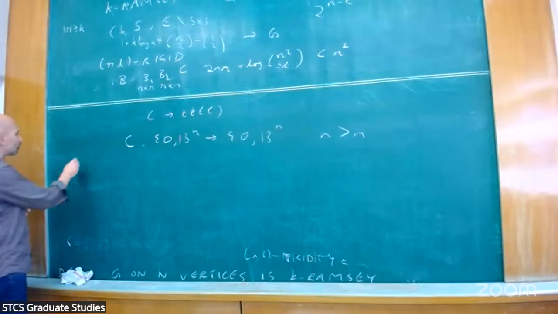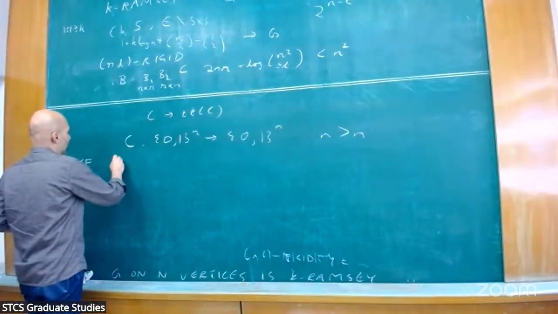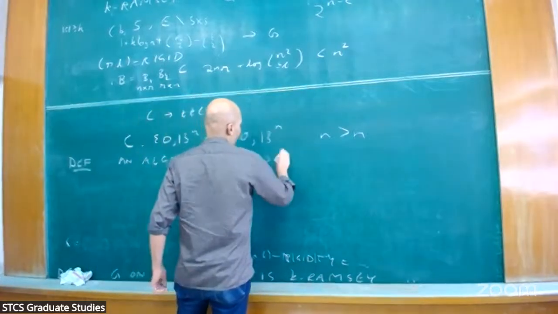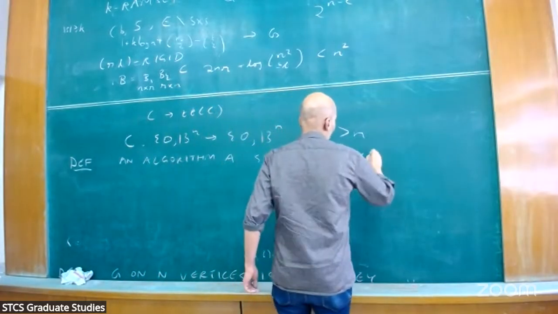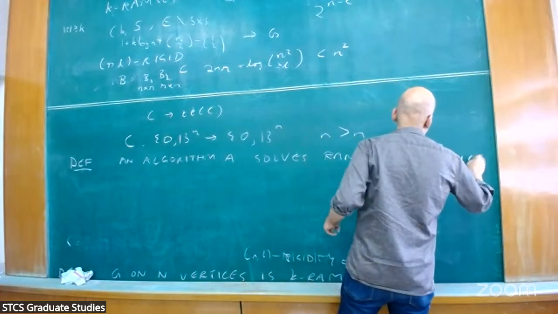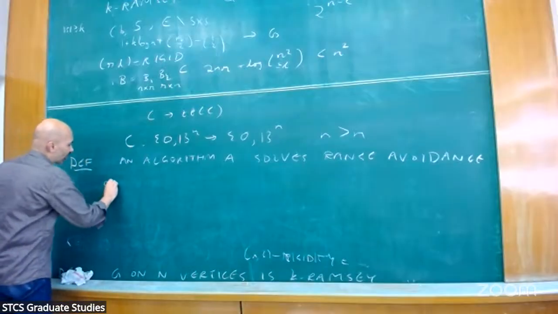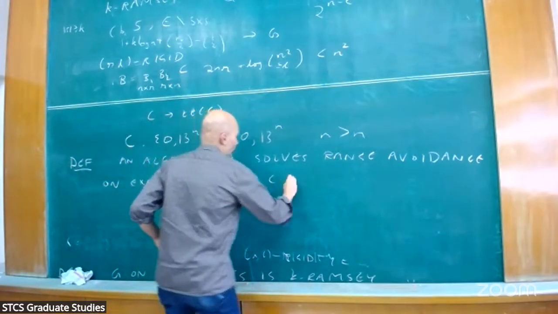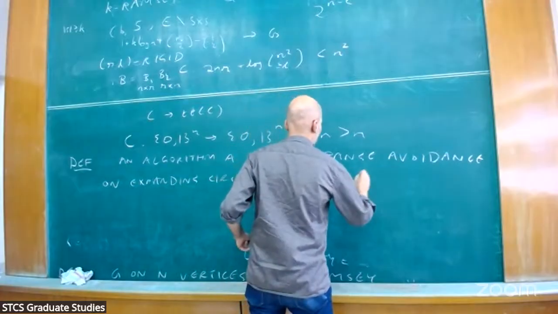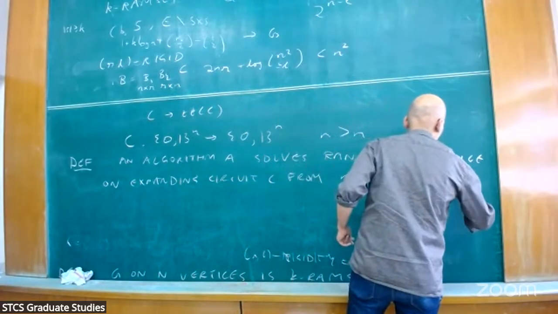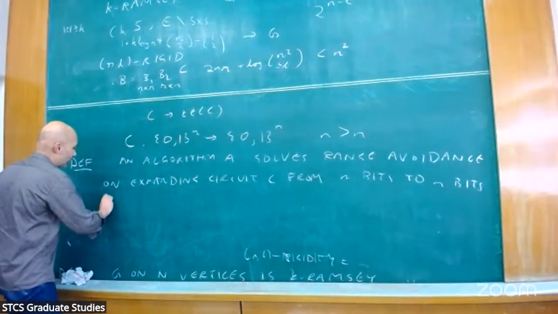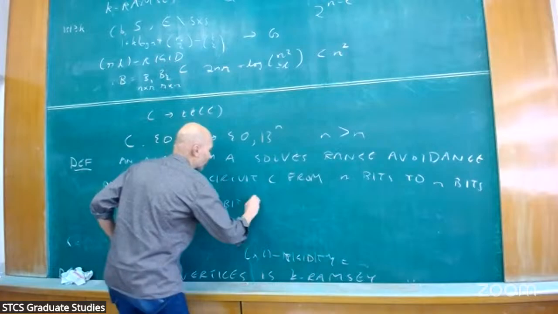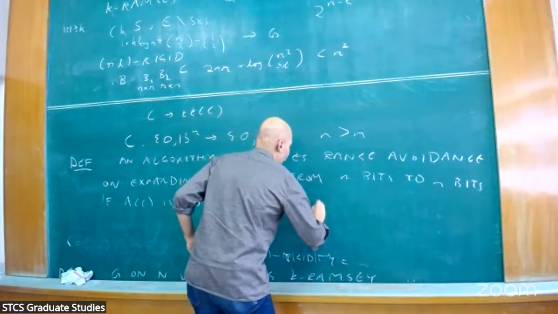Okay, so definition: an algorithm A solves range avoidance on an expanding circuit C from n bits to m bits if A of C is an m-bit string not in the range of C. Expanding means their output length is greater than their input length.